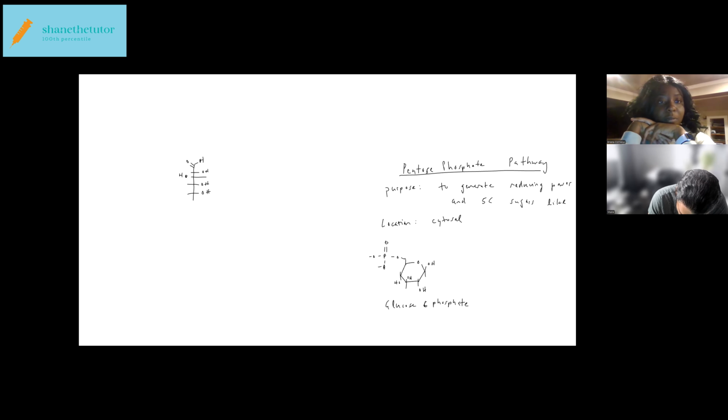So this is the straight chain form, which is around 0.1% of glucose in our bodies. Now, about hydroxyl groups, what do I usually say?